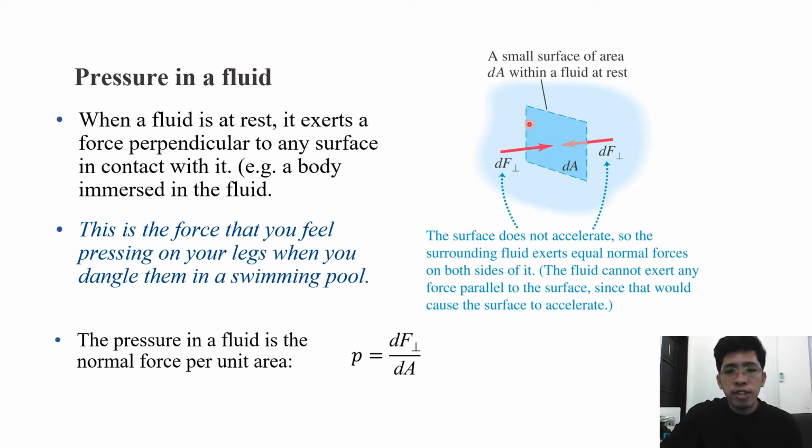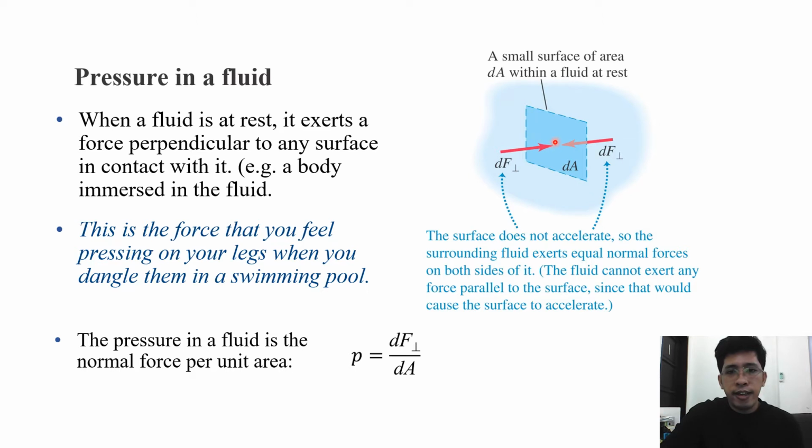Now, if you immerse this body of area dA in a fluid that is at rest, which is this fluid surrounding the body, this fluid exerts a force on any surface in contact with it. Since this fluid is in contact with this body, the fluid exerts a force which is perpendicular to any surface of the body. This surface area has at least two sides that the water can contact.